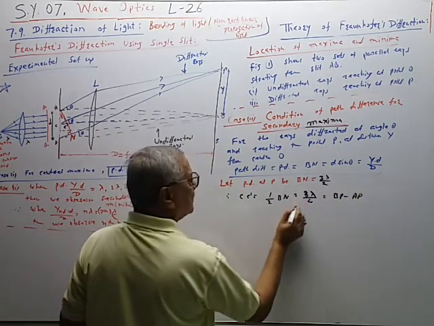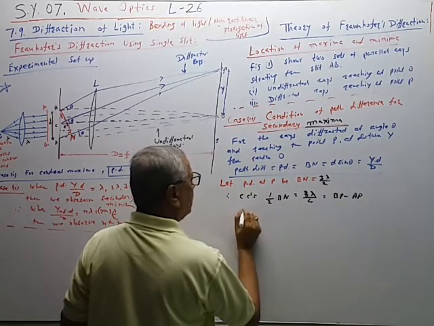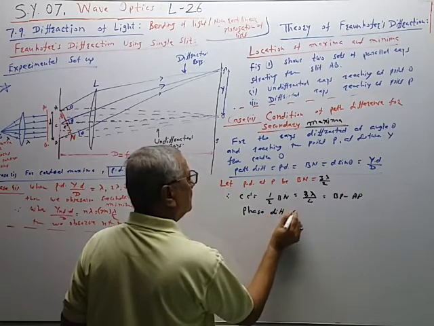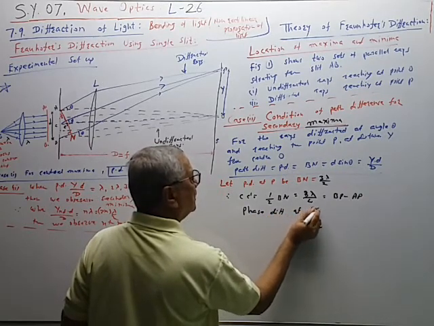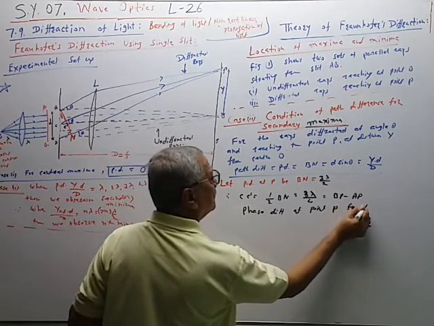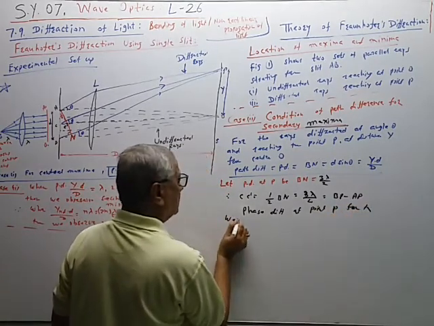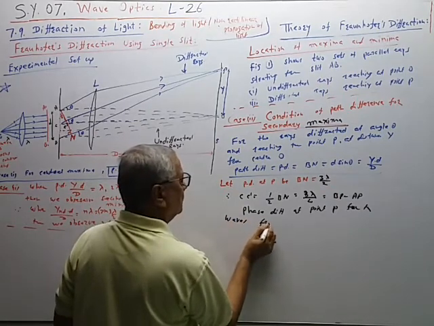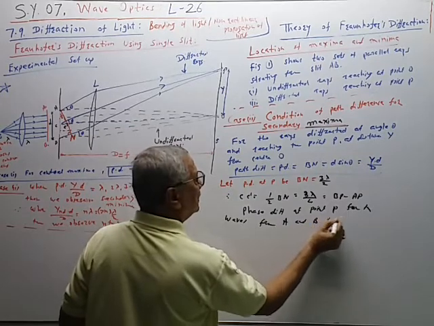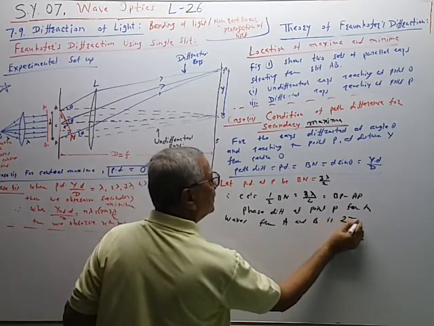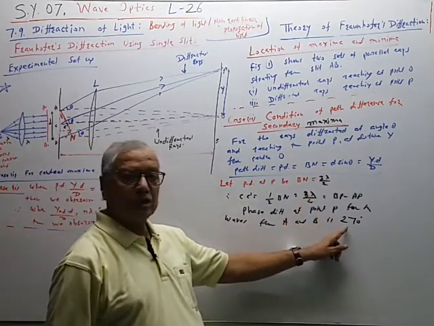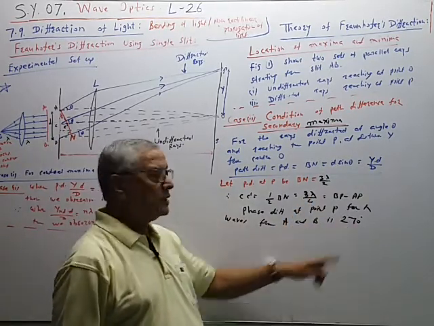So lambda corresponds to 360 degree. Therefore phase difference at point P for the waves from A and B is 270 degree. 3 λ/4 corresponds to 270 degree.